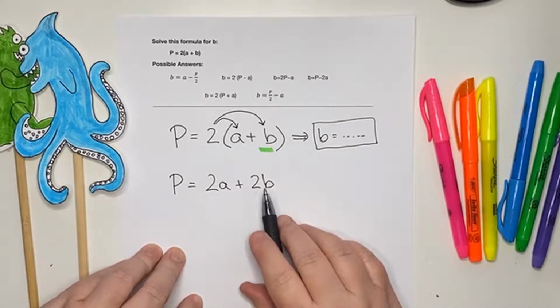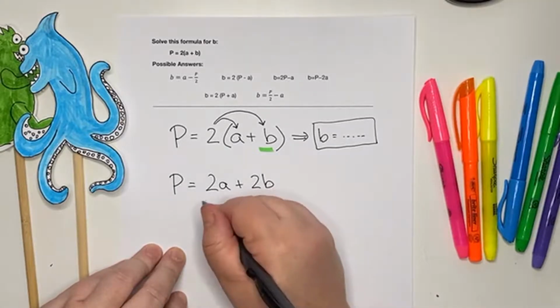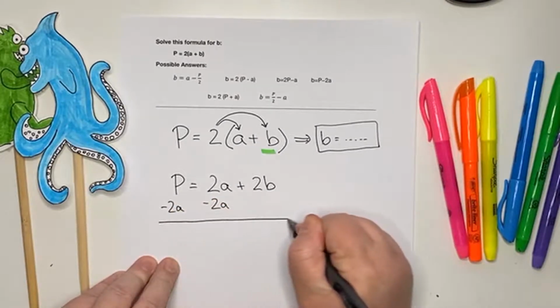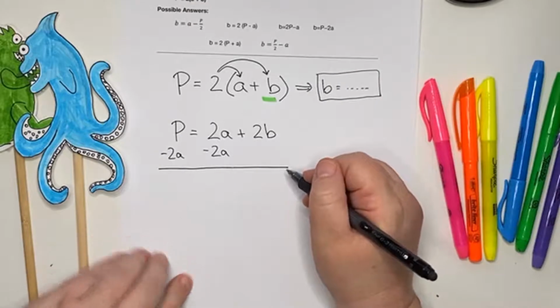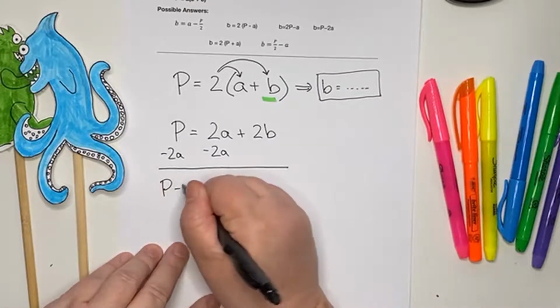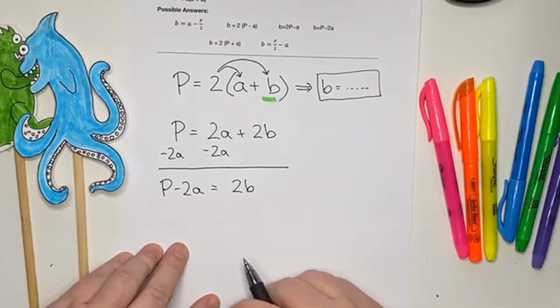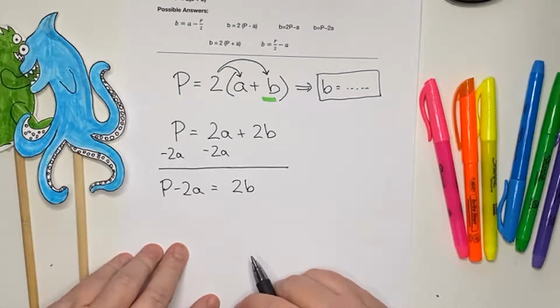Now I want to solve for B, so I'm going to move A out of the way. So minus 2A. Okay. Then I get P minus 2A equals 2B. What's the next step? Well, the next step is either to divide by 2 or multiply by 1/2.